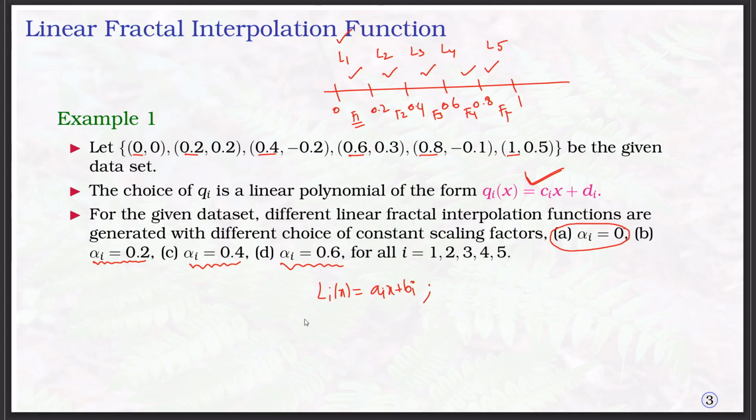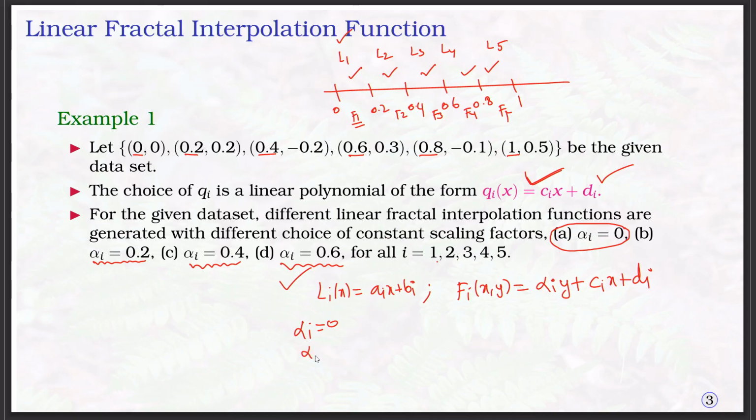This is for the x direction. In the y direction we have Fi of x, y equals alpha i y plus Ci x plus Di. We are choosing it as a linear function. For all i from 1 to 5, if alpha i equals 0, this term becomes 0 and only this function remains.